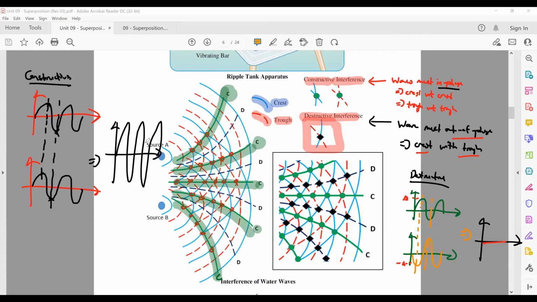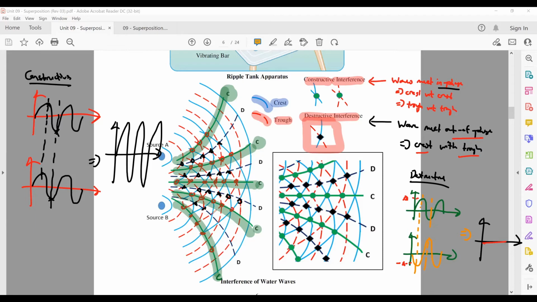If you look carefully in the diagram, where a solid blue line meets with a red dotted line, that one will always be destructive. That one will be these points here. I'm just indicating all those little points for you.